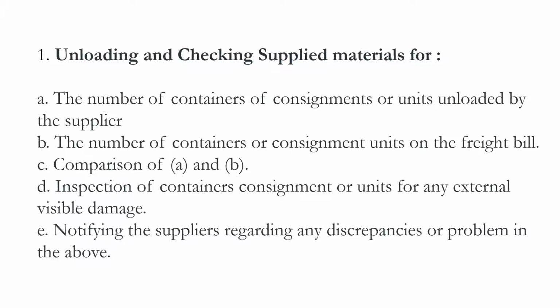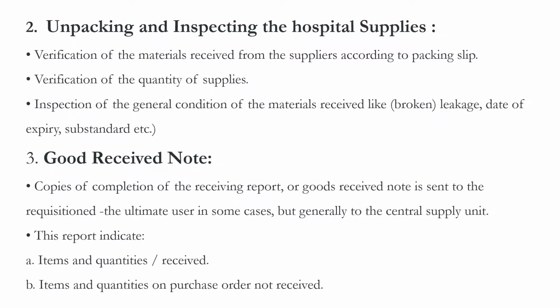Then inspect the container, consignment or unit for any externally visible damage. If there is any damage, then you can reject. Notify the supplier regarding any discrepancy or issues, whatever we have mentioned under A, B, C, or D. If there are any, then you have to inform the supplier.